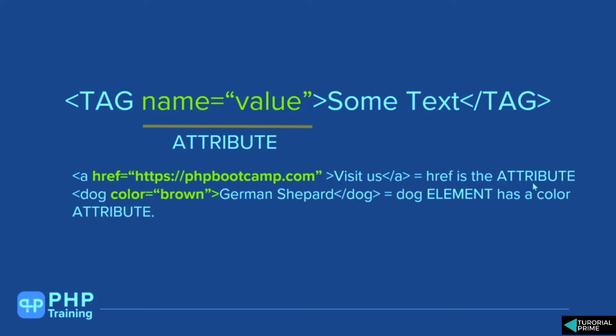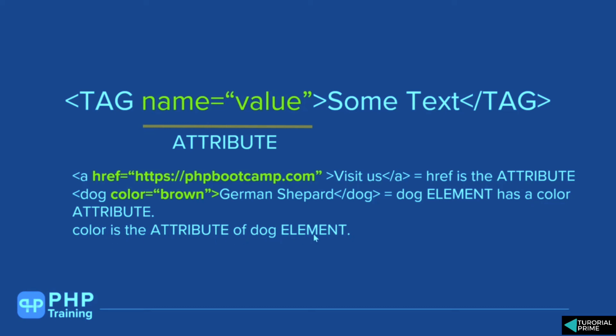Take one more example. I'm just using a dog as an example, but dog is not a tag in HTML. I'm just giving an example to understand the concept of an attribute. A dog element has something called a color attribute, the color value is brown, and the content of that dog is German Shepherd. How do you read and understand this? The dog element has a color attribute, and color is the attribute of the dog element.